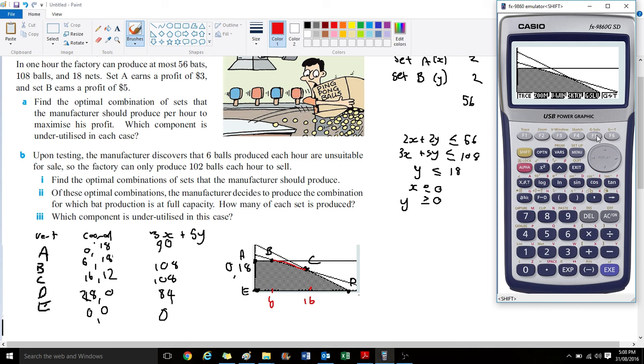So we're G-solving, and we're doing a y calc. We've already done when x is 6, so we're going to say, what about when x is 7? Now make sure we select this line. I just need to press down there and say, yep, I want this line. Now when x is 7, y is 17.4, not a whole number. We can't sell 17.4 sets of set B, so that result is negligible.